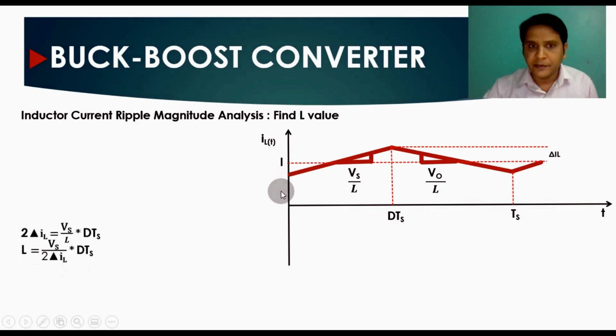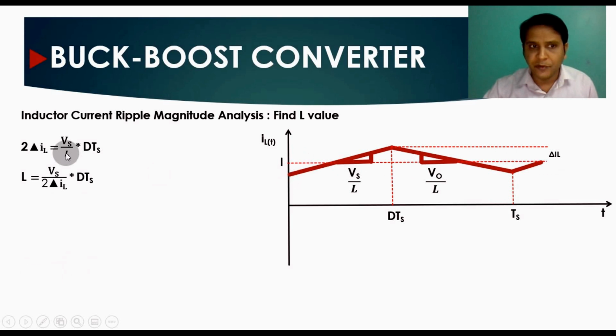Okay, so if you apply area under the curve for T on time, you can find your delta IL ripple current, which is given by 2 delta IL equals Vs divided by L over time period dTs. And by using this equation, you can find out your inductance value.